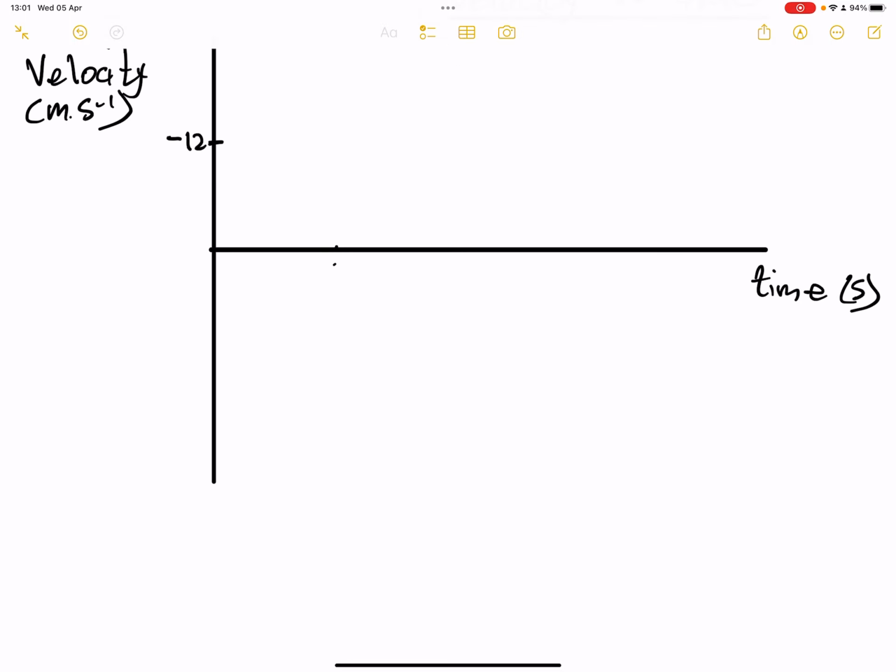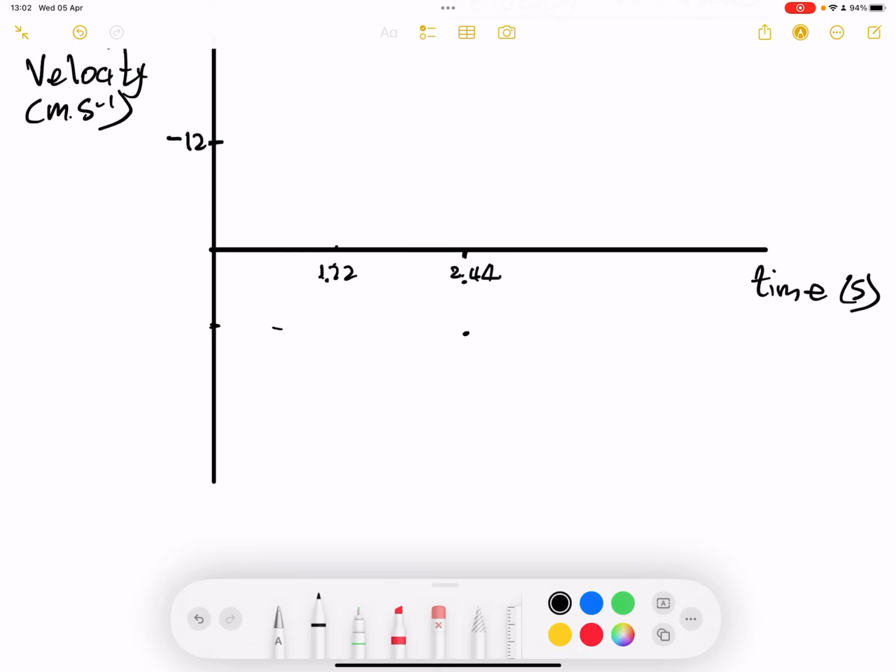So the time was 1.22, okay, and we know it will be negative 12 again when the time is 2.44, right? Because remember, it takes the same amount of time going up from A to B as well as from B to C, right?